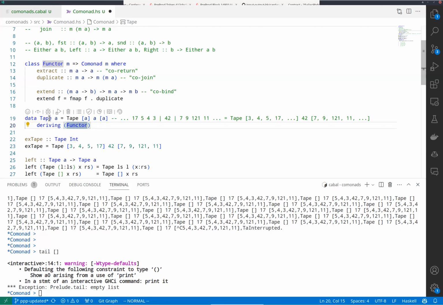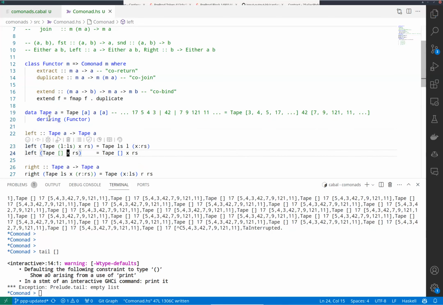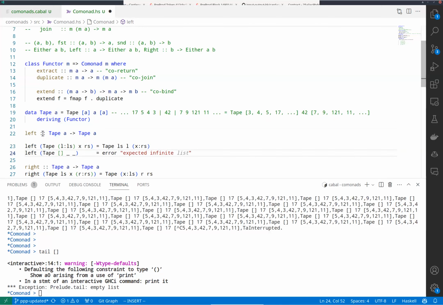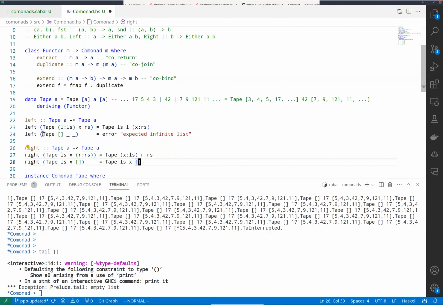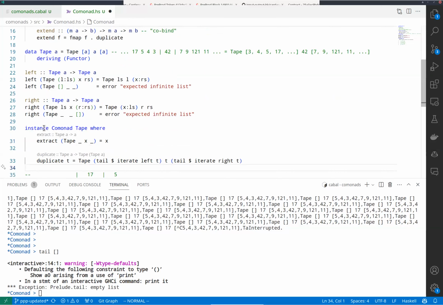Right. Then let me remove this again. And let's just say this. Sorry. I think it's better to do this with infinite lists. Then we just must work a bit harder to display it nicely. Right. So that would be that.